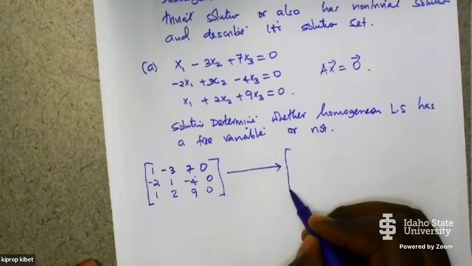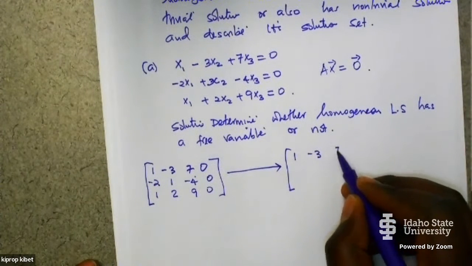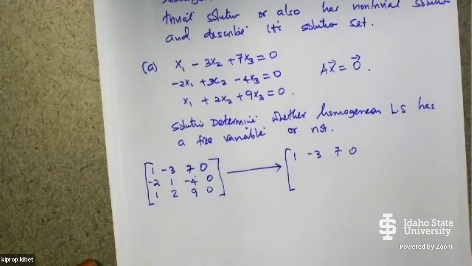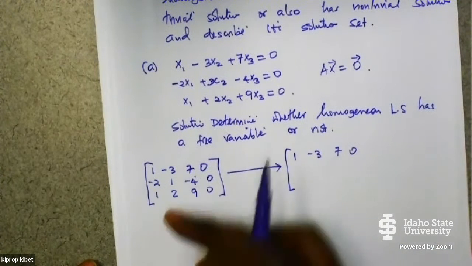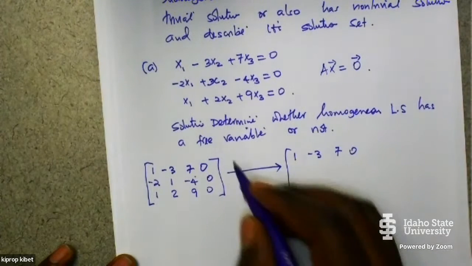When we reduce this matrix, 1, -3, 7, 0 stays. We reduce the second and third rows.